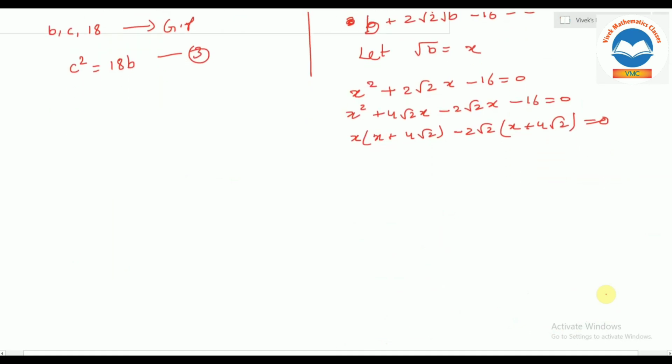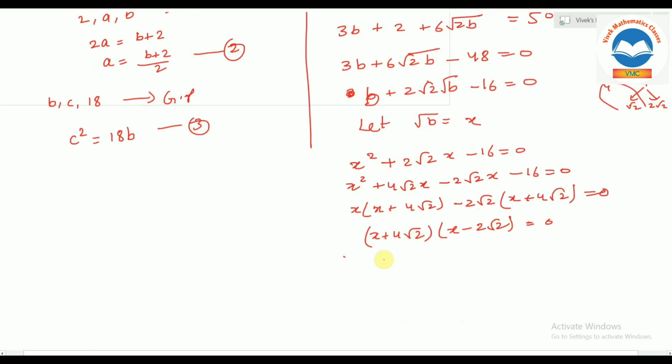So what we are getting here? We are getting x plus 4 root 2 into x minus 2 root 2, and this will be 0. From here we will get x will be minus 4 root 2 or x will be 2 root 2.